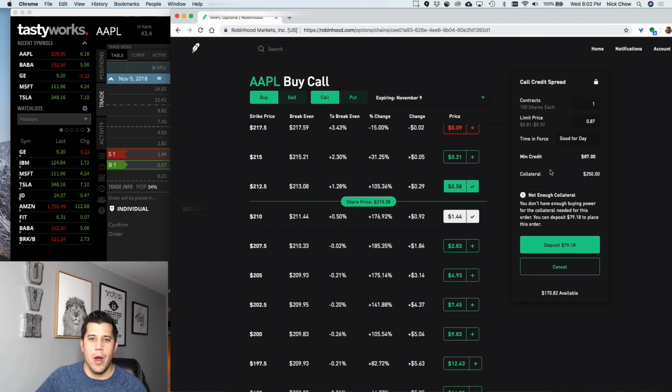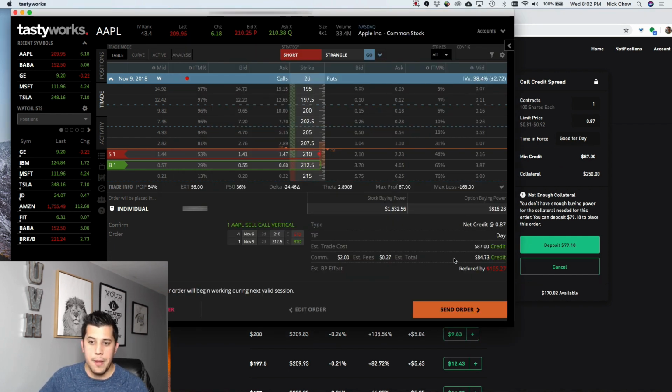I've had a lot of questions from beginner traders regarding what collateral was, what the credit was, and we're kind of going through that right now. But I really wanted to point out the difference here, that they're going to hold $85 more in buying power, and that means you're going to be able to do more trades on Tastyworks than you would on Robinhood.